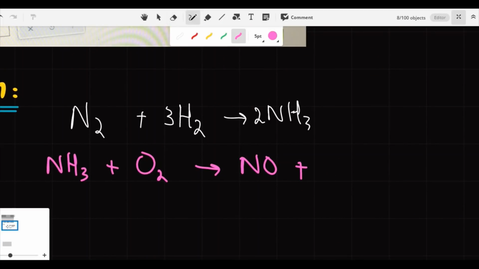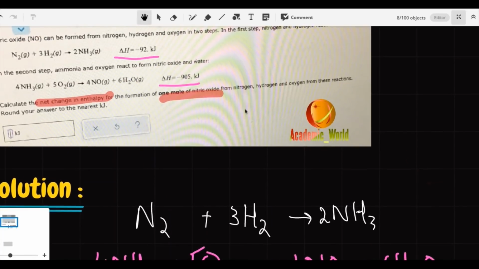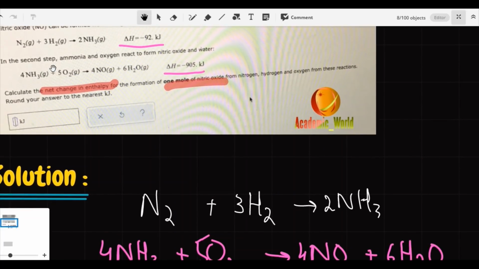Now you can see by balancing the equation, there will be 4 NH3, 6 H2O, hydrogens are balanced, and there will be 5 oxygen. So that is our equation. You can see that it is already balanced, as present in the question as well.